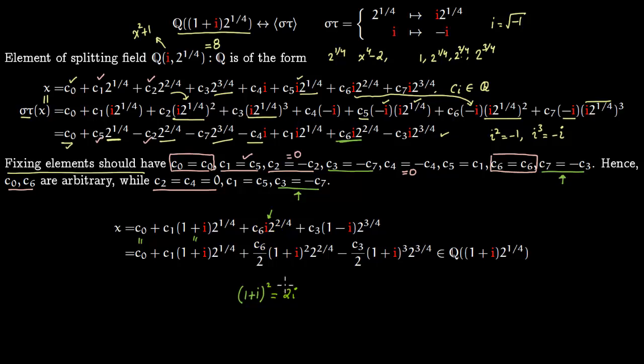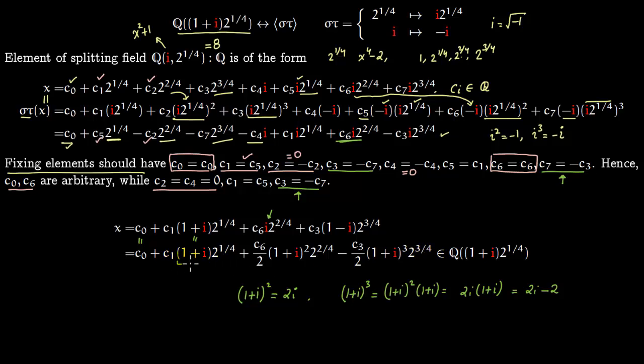So instead of I, you write 2I divided by 2 and write 1 plus I squared. Similarly, instead of 1 minus I, you can write 1 plus I cubed, which will be equal to 1 plus I squared times 1 plus I, which in turn is 2I times 1 plus I, and then you just get 2I minus 2. Then again you can take 2 common out, put a negative sign so that it becomes I minus 1, divided by 2, put a cube here.